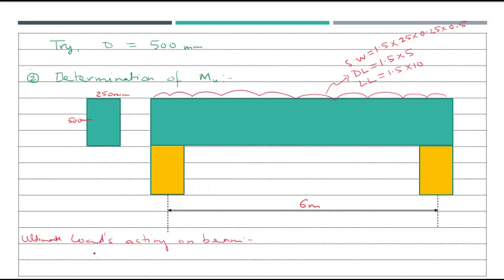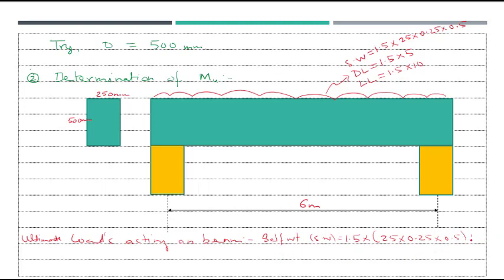First is the self weight. It will be partial factor of safety of load 1.5 into density of RCC into cross section area. Cross section area is 0.25 into 0.5.